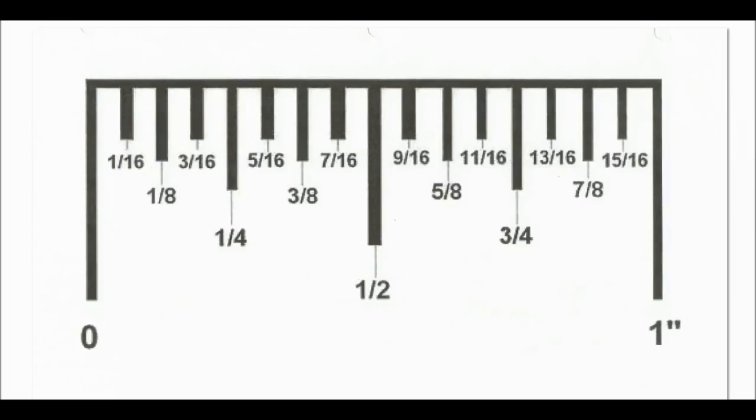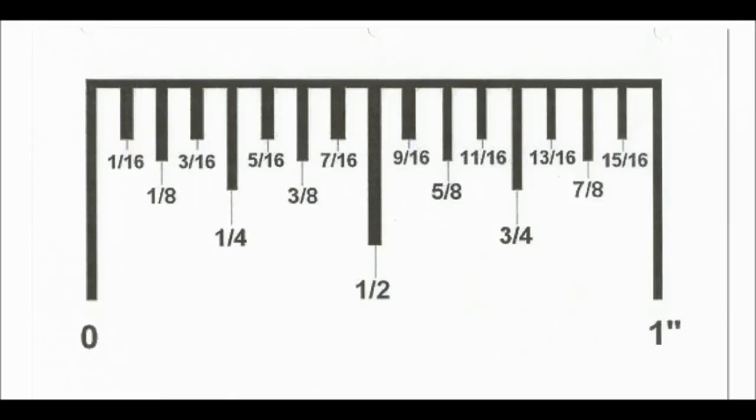If you look at the lines in between the 1-inch space, you will notice that you have 16 lines again. 1, 2, 3, 4, 5, 6, 7, 8, 9, 10, 11, 12, 13, 14, 15, and 16.